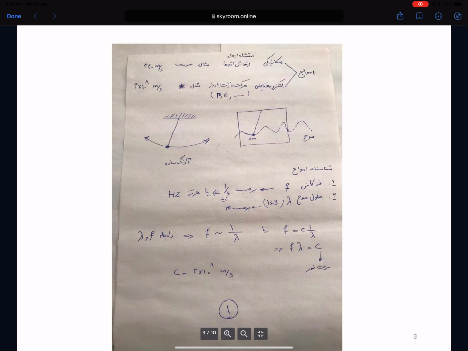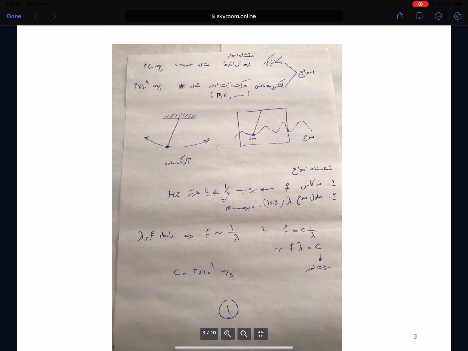And the second category, which I wrote on the bottom, is electromagnetic waves. Again, the question is where this comes from. The origin for electromagnetic waves is movement of charged particles. Please pay attention to these three words: moving charged particles.